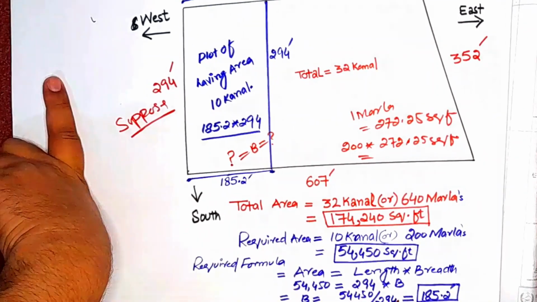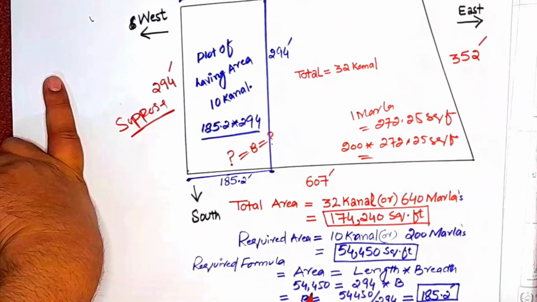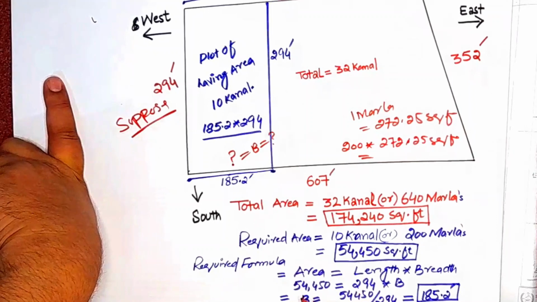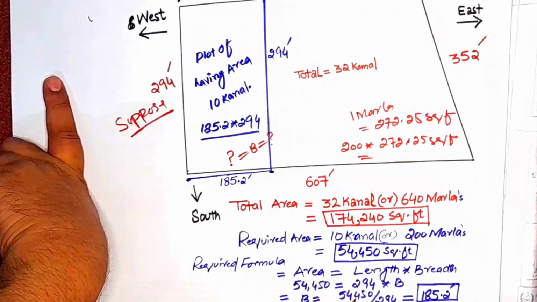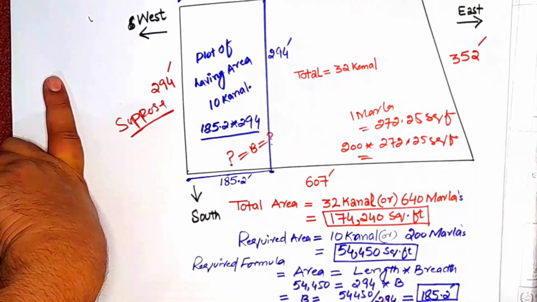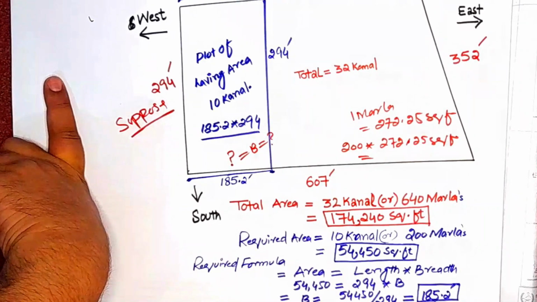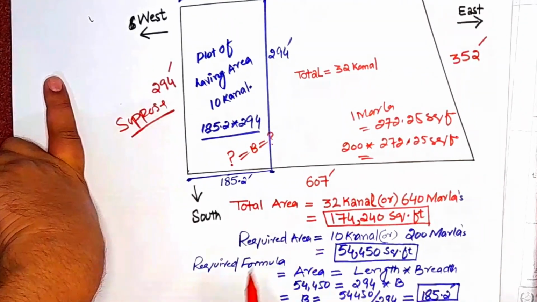How can we find the value of b? Breadth is equal to 54,450 divided by 294, which is the length of the plot. So the breadth becomes 185.2 feet.